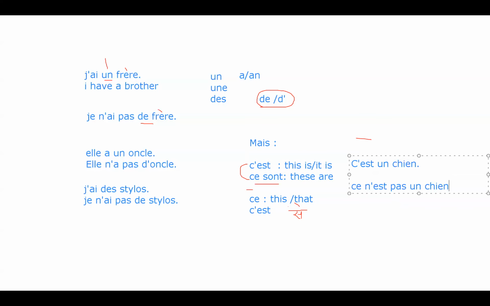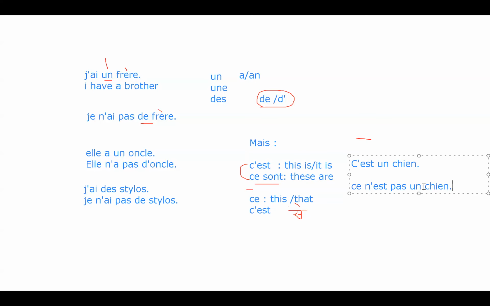"Ce n'est pas un chien." Whenever we talk about "c'est" and "ce sont", it means you are presenting something. You are introducing something. For introduction or to present something, we use "c'est". So when you introduce something, it's always the same in negation also, in the affirmative sentence also, like "c'est un chien", it's a dog. It's not a dog, so "ce n'est pas un chien".